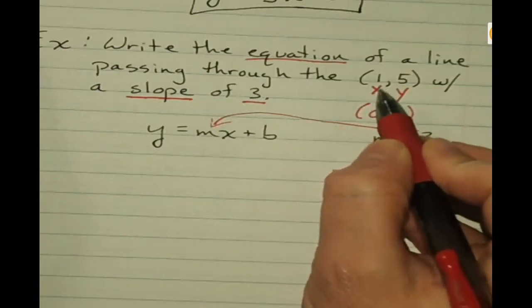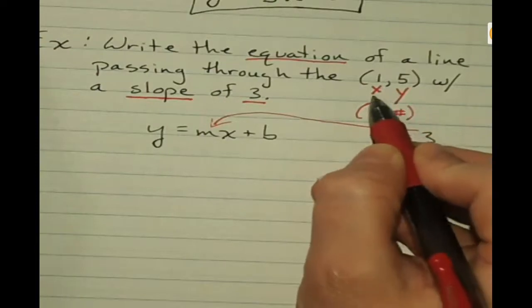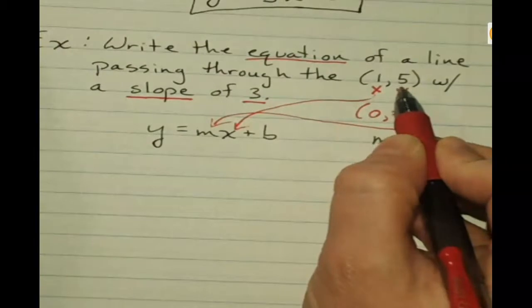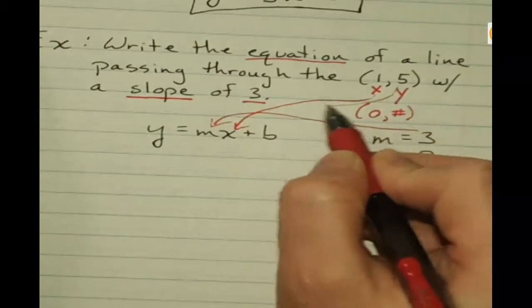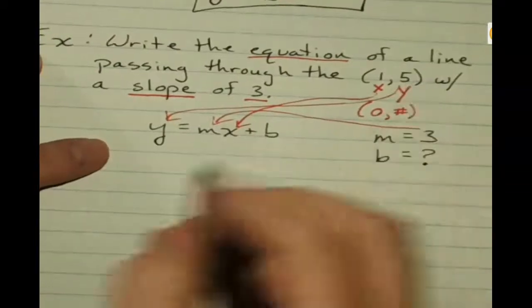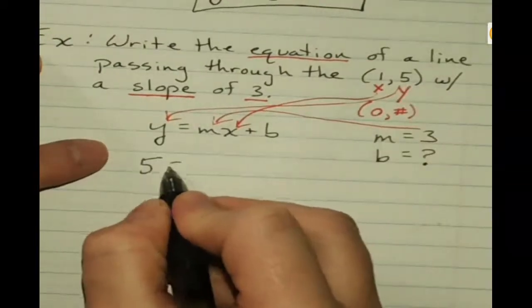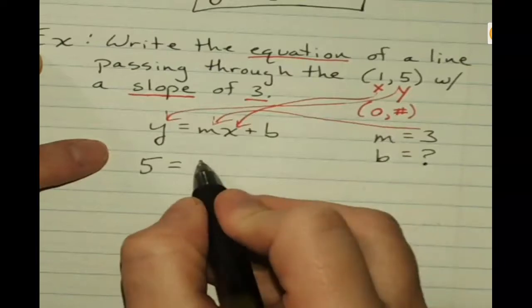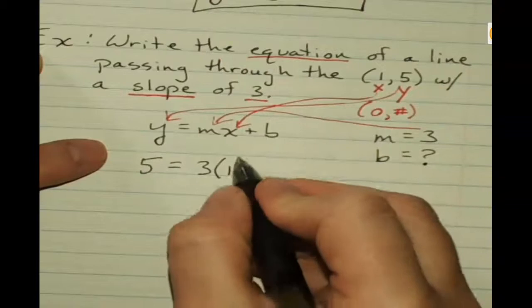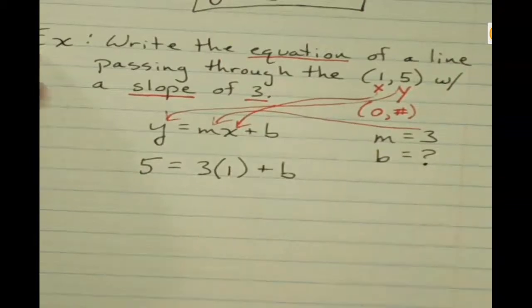We're going to put that X right here. And you see that Y? We're going to put that Y right there. So then my Y is 5. My slope is 3. My X is 1. And we don't know our B.